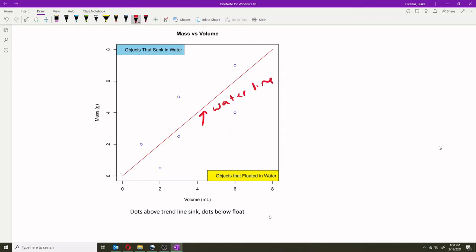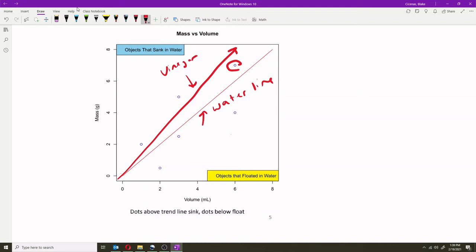And the more interesting aspect of it is, let's say I wanted to put in vinegar or acetic acid. It's got a density... I should probably do it differently. Let's exaggerate on this. It's got a density a little bit greater than 1. Well, if this is my acetic acid, vinegar, then some points, while they may sink in water, would float in vinegar, just because they're in between the two lines.